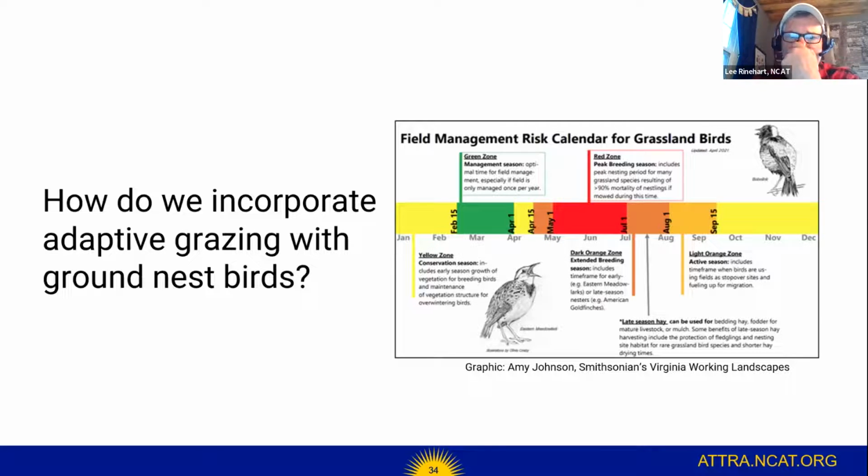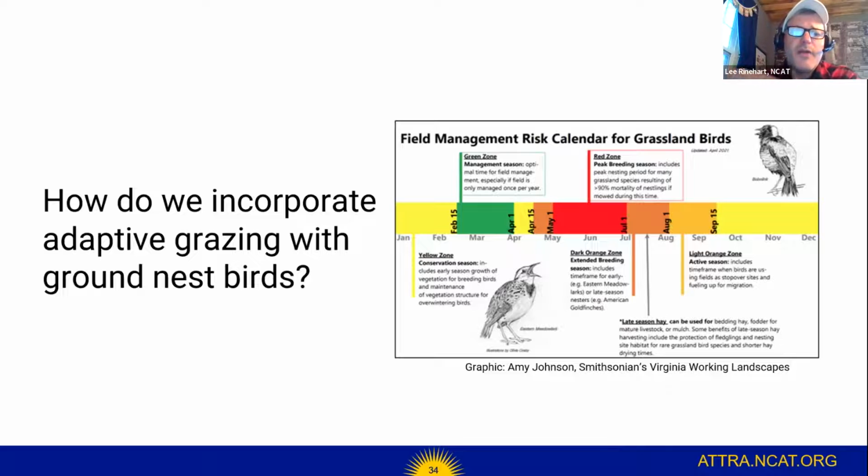So some of the things that I think we can start thinking about, if we want to manage a grazing system such that we can take care of ground nesting birds, is that we can have certain areas of livestock grazing where we graze, and then the rest of it is open for part of the year, right? Say larger areas during July where the birds may be nesting could be open, and we can bypass that with the rotation. That might work in some situations.